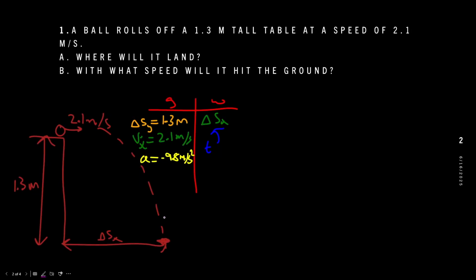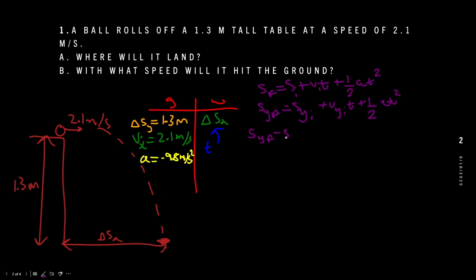So the formula that we need to solve this problem is Sf equals Si plus Vit plus 1 over 2 At squared. And we could modify this equation for this problem by saying Syf equals Syi plus Vyit plus 1 over 2 At squared. And then delta Sy is the same thing as Syf minus Syi.